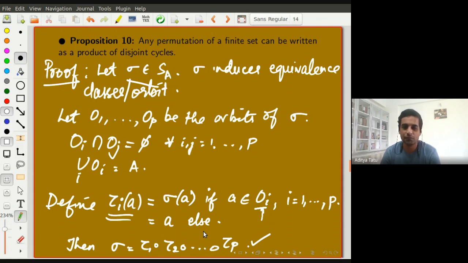The only challenge possibly is to see why these tau I are cycles. Can we go ahead?